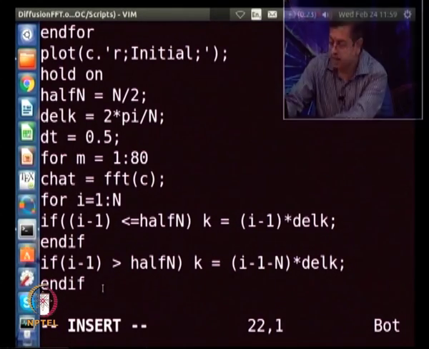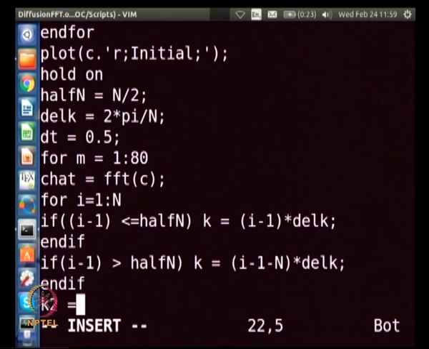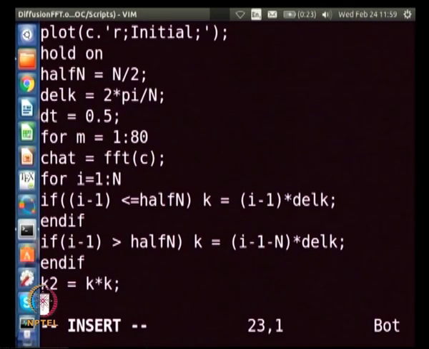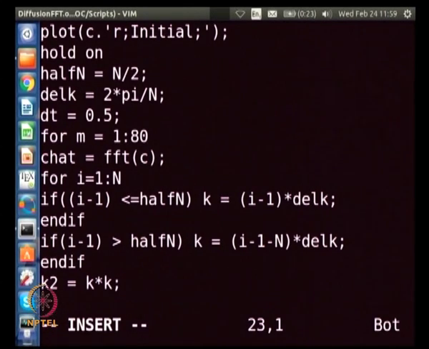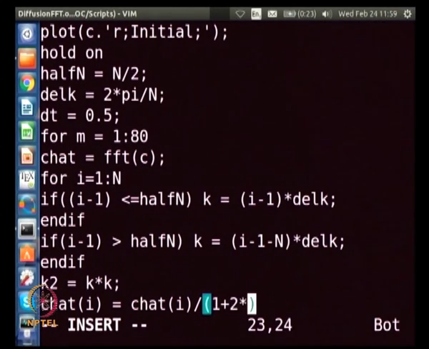So, once we have k, we can calculate k squared as k into k. Okay. So, now we have k squared, because we are solving the diffusion equation, k squared is all we need. So, c hat of I is nothing but c hat of I divided by 1 plus 2 into k squared into delta t, right.